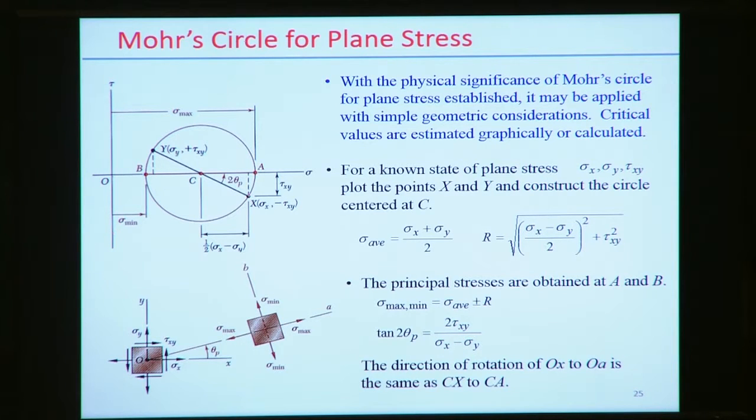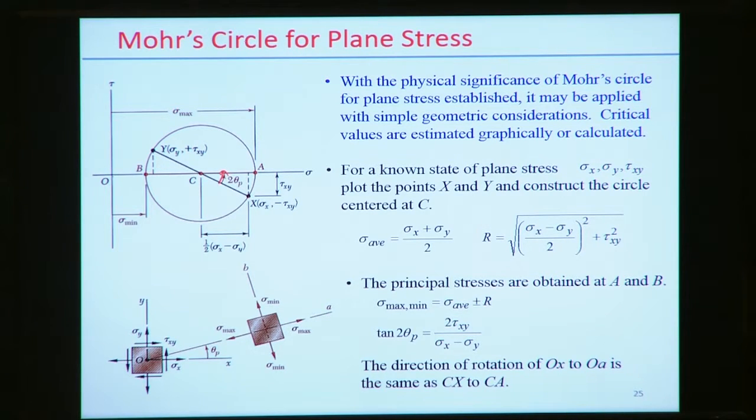This angle represents theta p. Since the Mohr circle is drawn over 360 degrees, it represents twice the angle, so 2 theta p. At this point exists the stress state x, and point y represents the y component, sigma y, and the corresponding shear stress value.